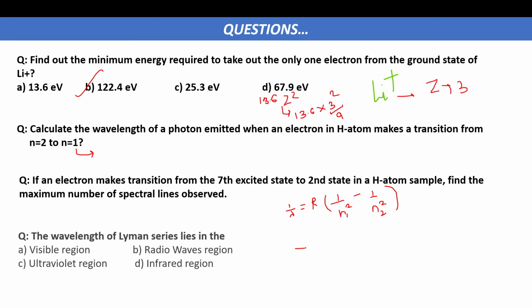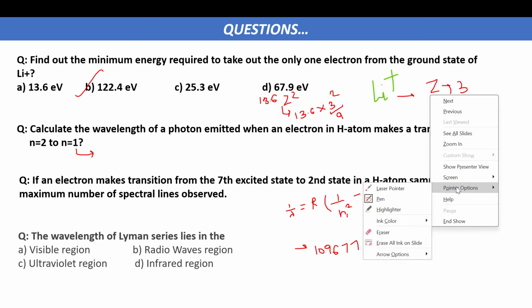Substituting the value of R, which is a constant, it is 109677 centimeter inverse. Now the transition you are seeing is from n equals 2 to n equals 1. So substitute the value of n. n1 will be 1, so 1 square, and n2 will be 2.